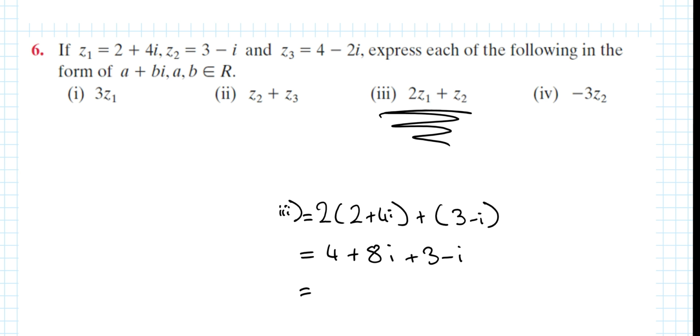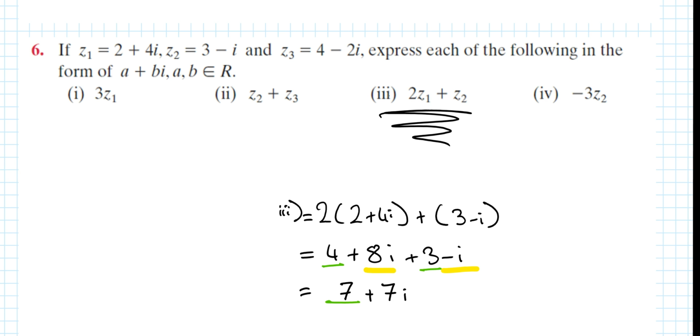And we add the real parts only. So it's 4 plus 3 gives us 7, and the imaginary parts only. So 8 minus 1i would be plus 7i.